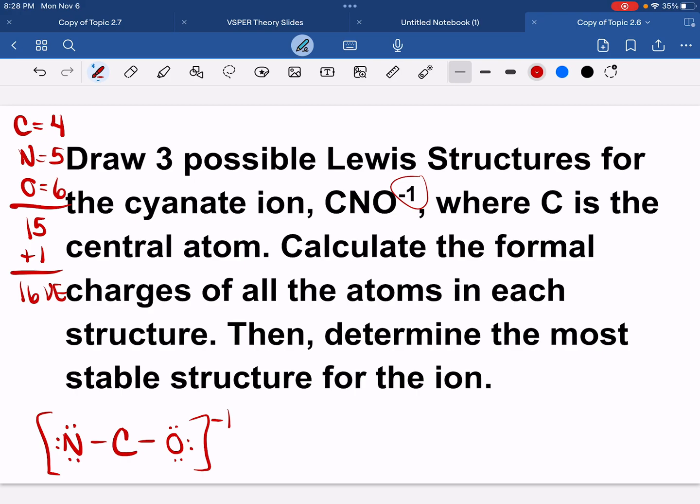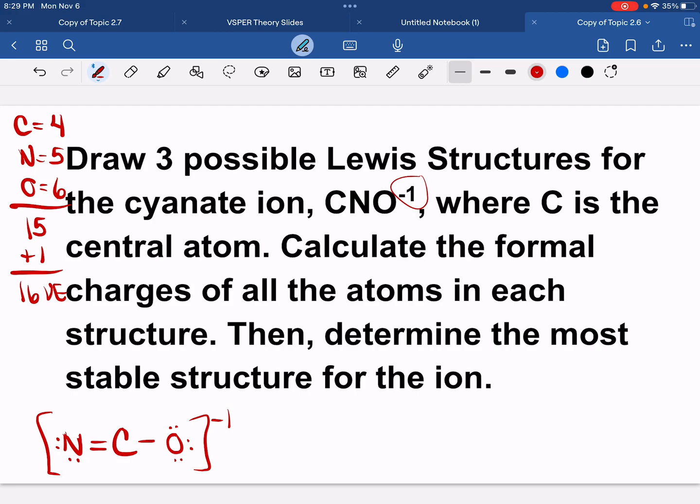Okay, so obviously I am going to need to do something better than that, right? So I'm going to take one of those pairs of electrons away, and I'm going to swing it in here. So I have 2, 4, 6, 8, 10, 12, 14, 16. All right, so that is a Lewis structure.